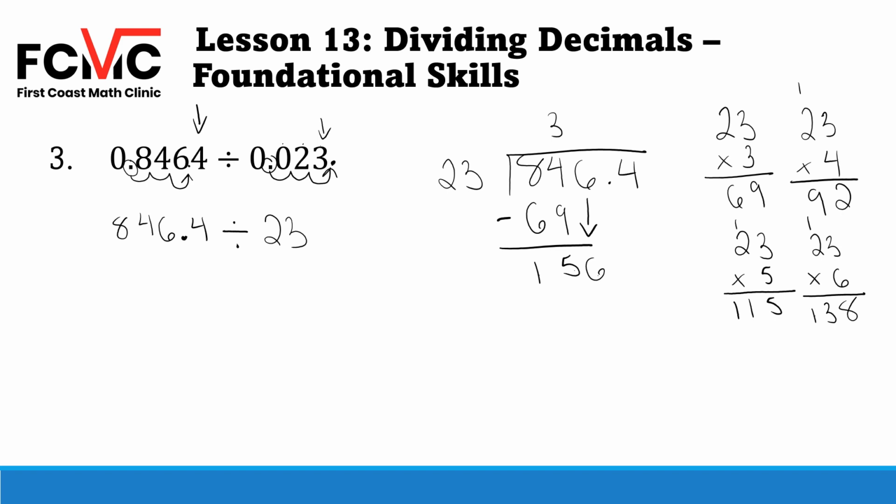That's 138. If I try 7, this gives us 161. So this is going to be too big. So let's use the 6. We're just testing some values, doing some multiplication, and seeing what fits. So 23 times 6 gives us 138.